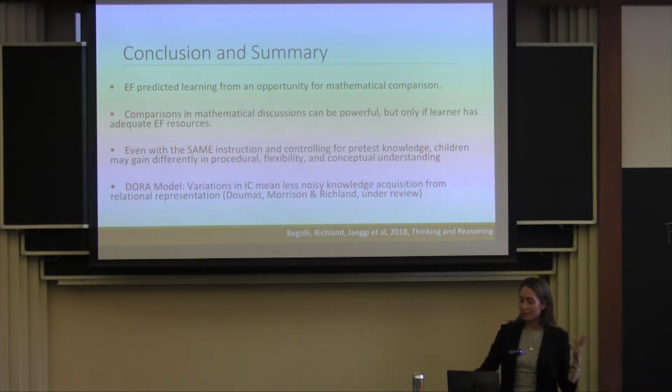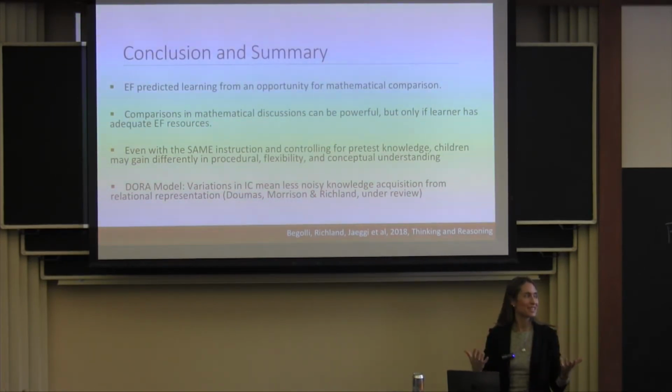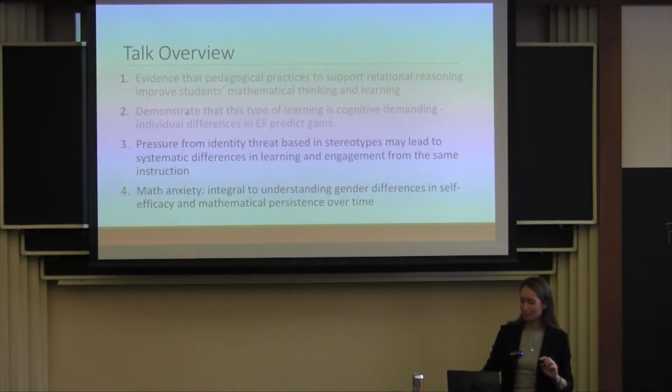Basically, this suggests that even with the same instruction, controlling for pretest knowledge, children may gain differently in procedural flexibility and conceptual understanding based on these executive function resources. And this is all within the typically developing range. So ideally what we want to do is change practice, the details of instruction, to ensure that students are gaining more equally from these lessons.